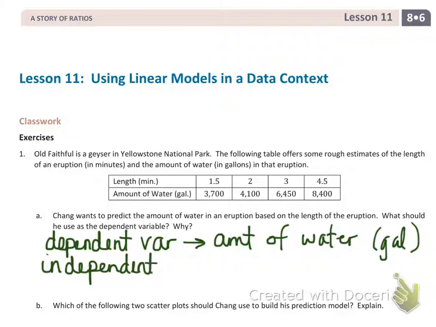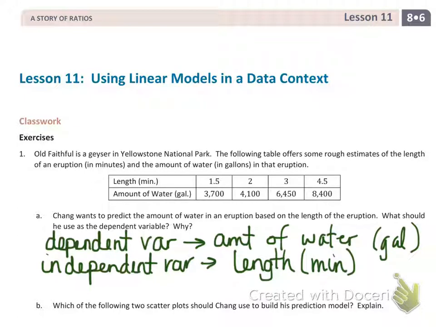Now, it's not like we get to decide how many minutes Old Faithful will erupt for. A lot of times in a scientific experiment, we think of the independent variable as the thing that we get to choose values for. But in a sense, we are choosing values here.